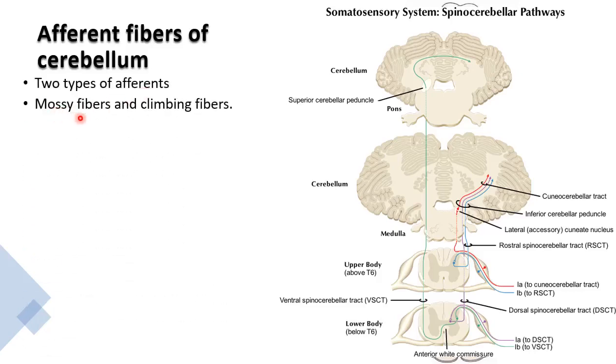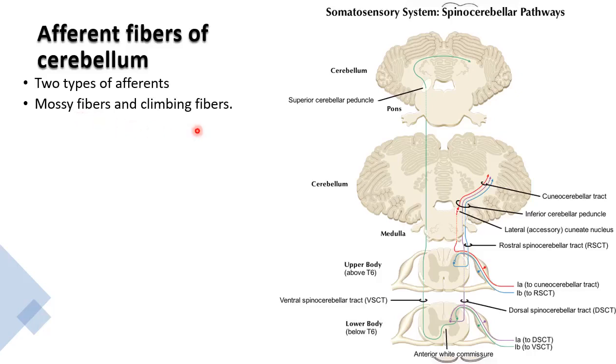Mossy fibers are mainly the afferents which enter the cerebellum from all areas: from the spinal cord, and also from the brainstem reticular formation, cerebral cortex, and vestibular nucleus. So you have the vestibulocerebellar fibers, the spinocerebellar fibers, and the cortico-ponto-cerebellar fibers. They form the mossy fibers.